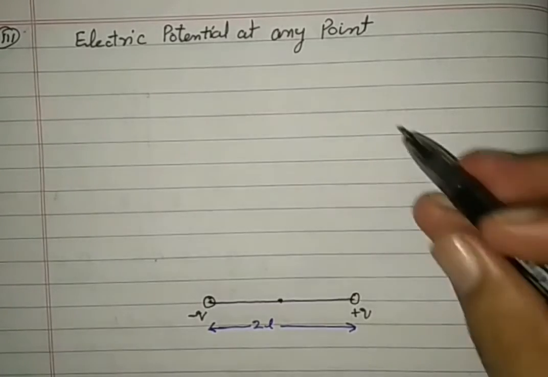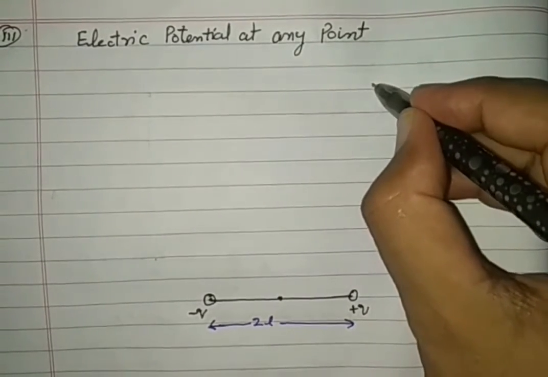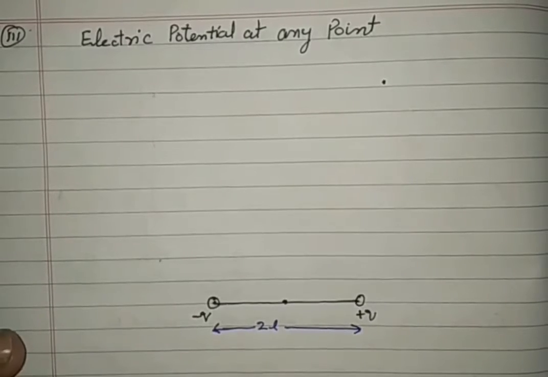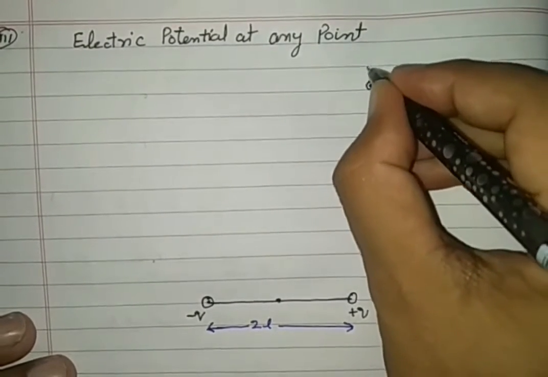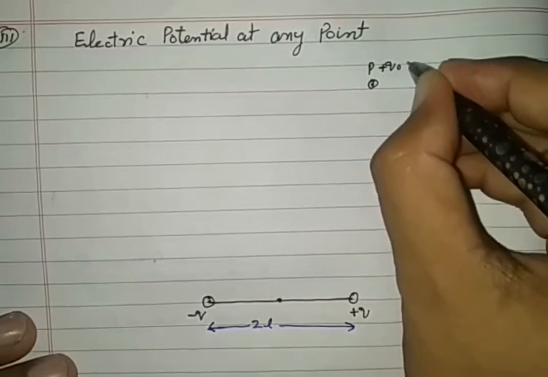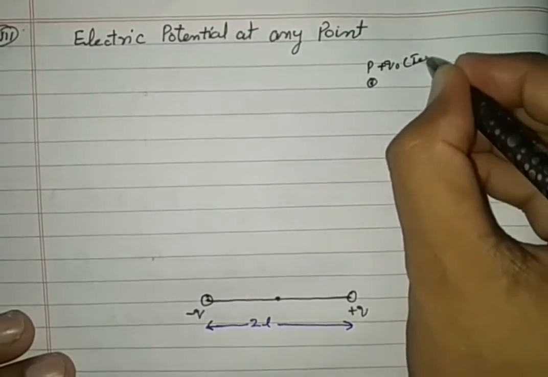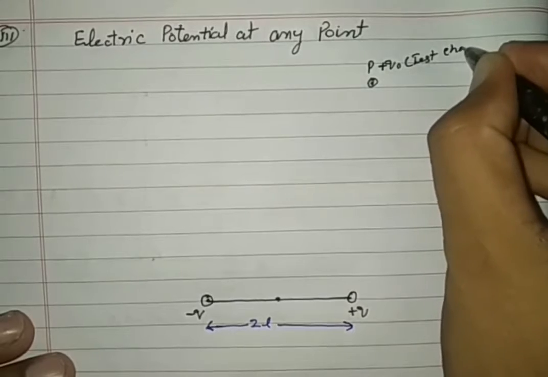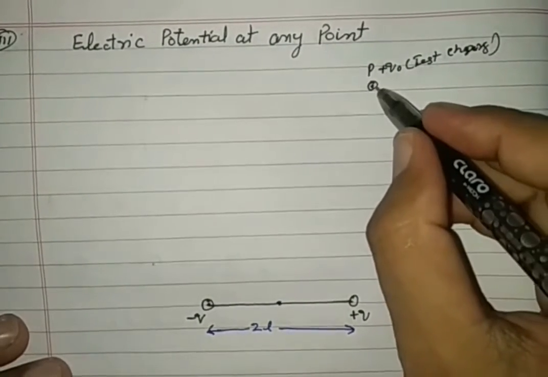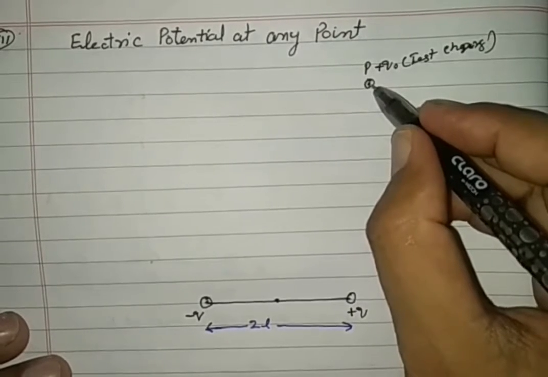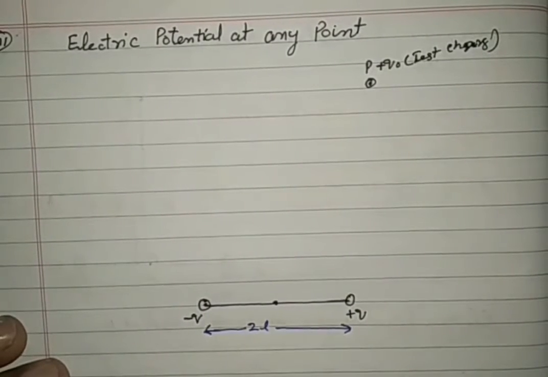I am going to take any point here, P, and here at point P the test charge plus Q0 is kept. We are going to see the value of electric potential at this point due to the dipole.